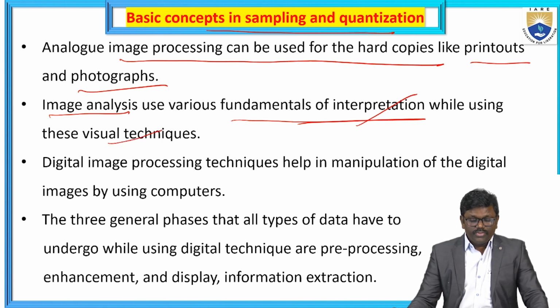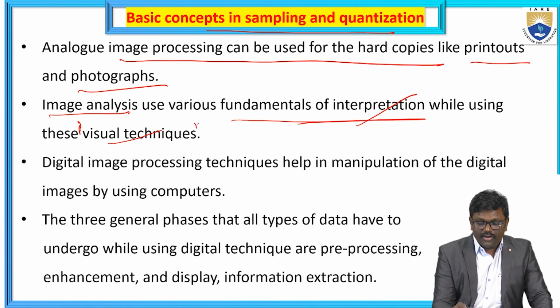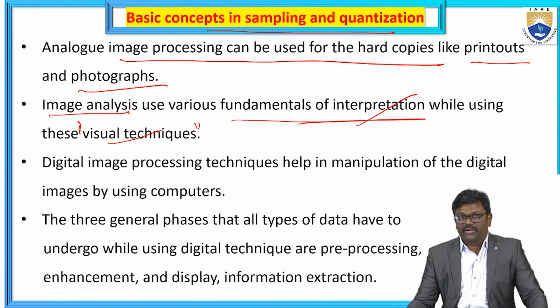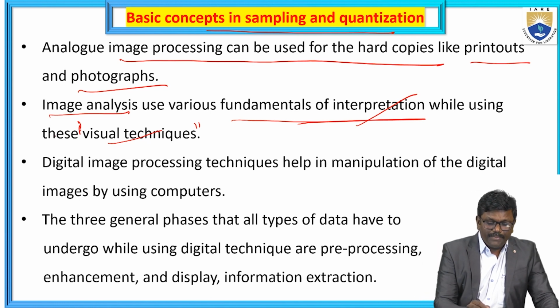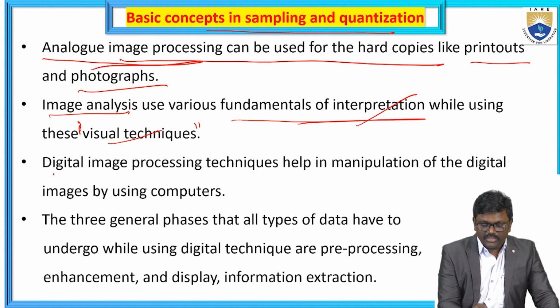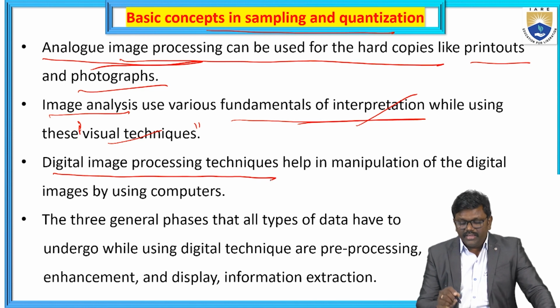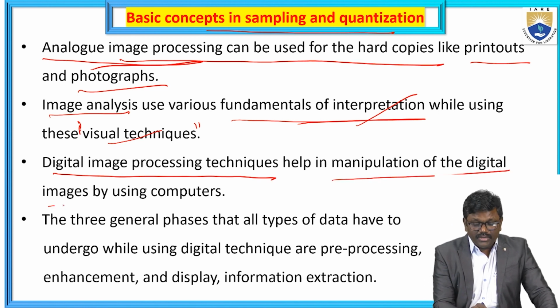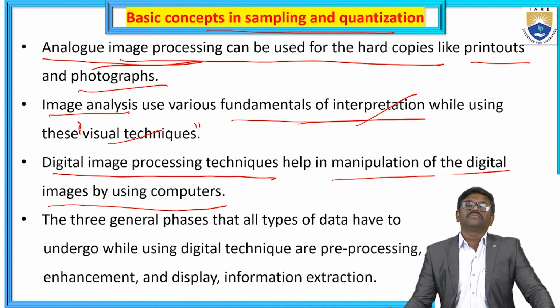These usual techniques we will discuss in detail later on, no need to worry. Compared with analog image processing, the digital image processing technique helps in the manipulation of digital images by using computer technology.